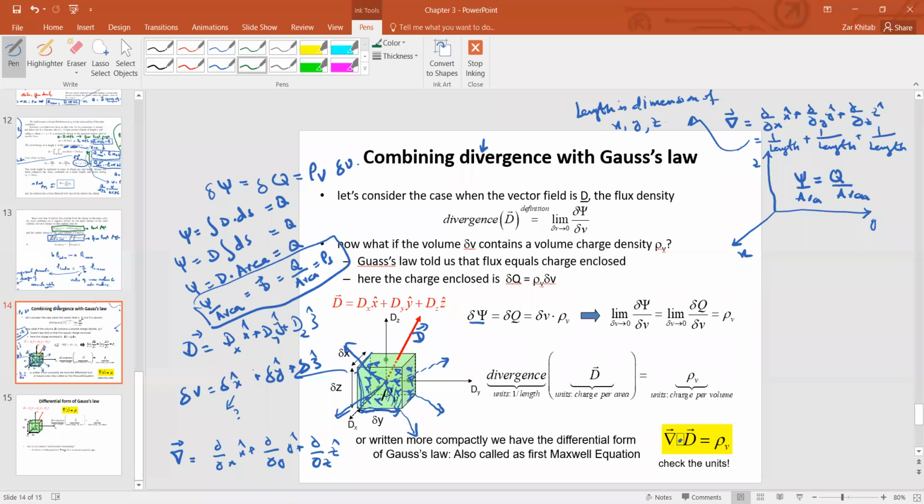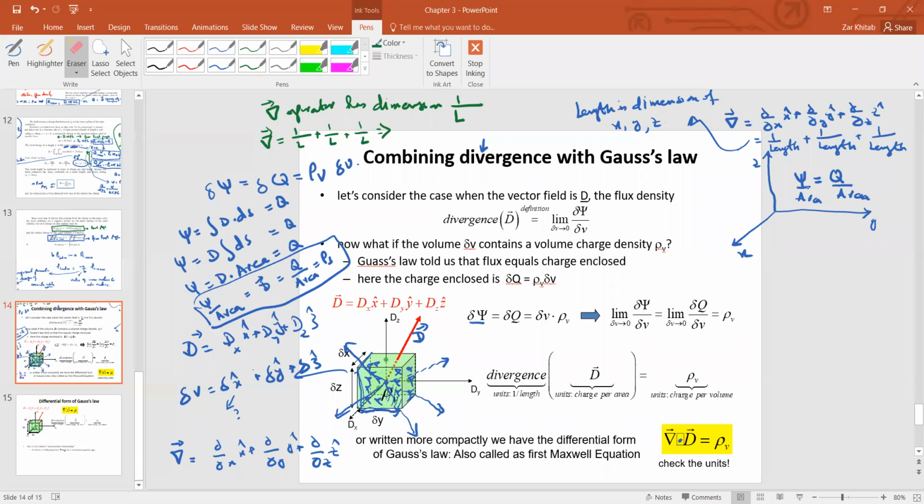The del operator has a dimension of 1 over length, because del is equal to 1 over length plus 1 over length plus 1 over length. So the dimension is 1 over length.